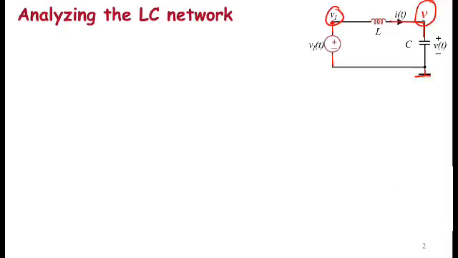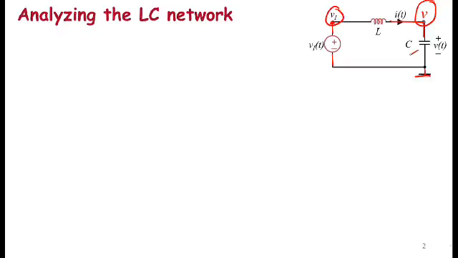And recall the node method: all I have to do is sum the currents going into the node with the unknown voltage, and either sum the currents as 0, or I can sum the currents leaving the node, and they will add up to 0. So I have to add up the currents into the node from the inductor and into the node from the capacitor. Let's do each of these things.